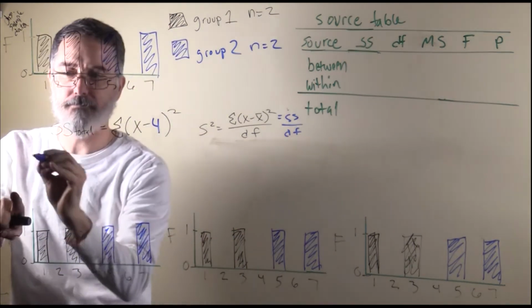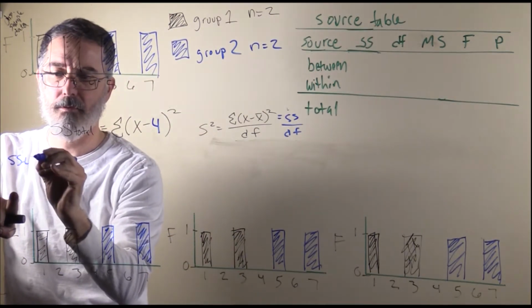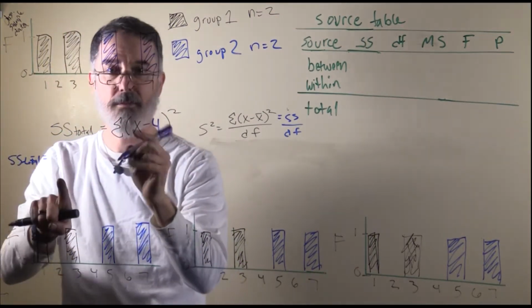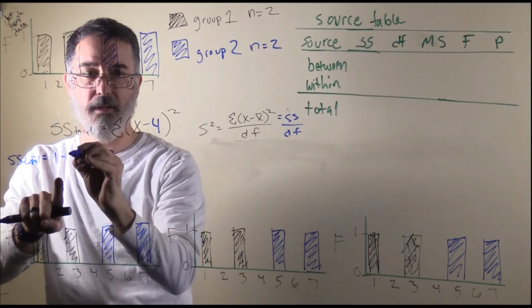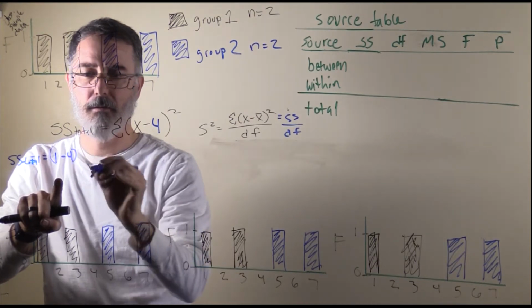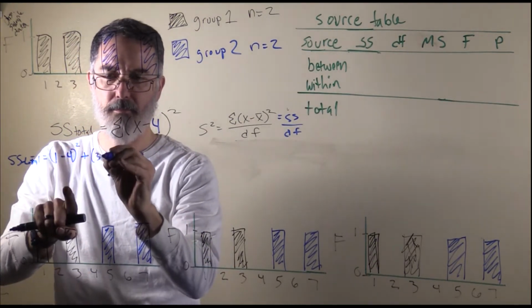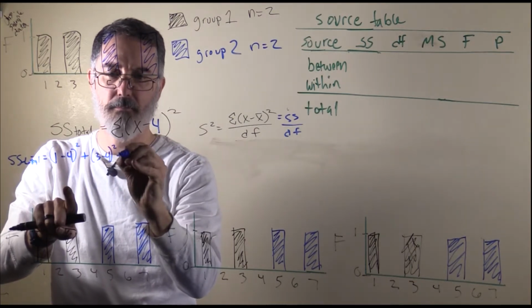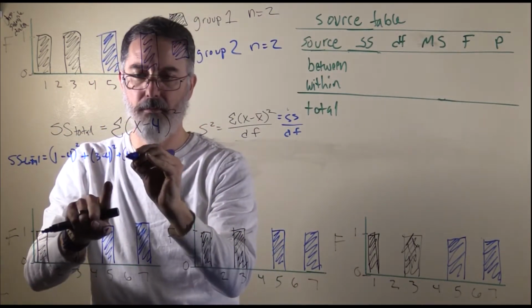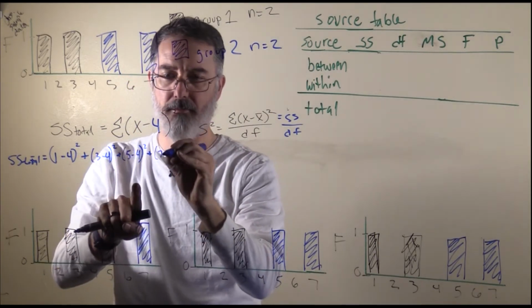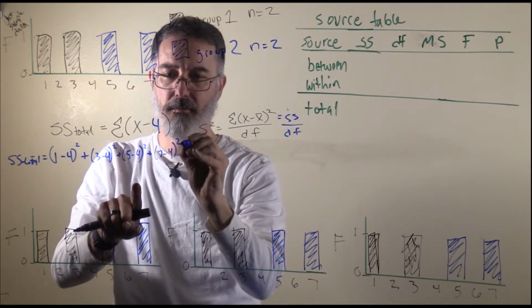Sums of squares total equals our first score, 1 minus the grand mean, squared, plus 3 minus the grand mean squared, plus 5 minus the grand mean squared, plus 7 minus the grand mean squared.